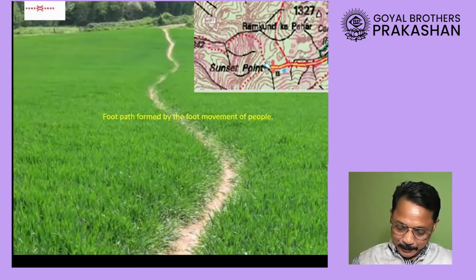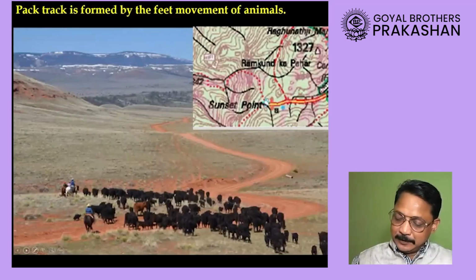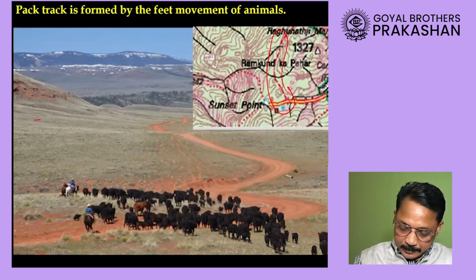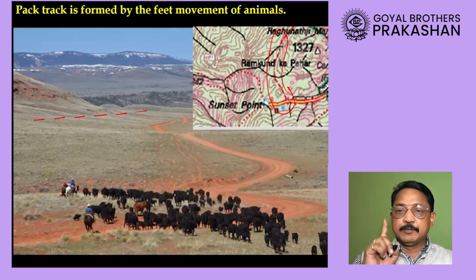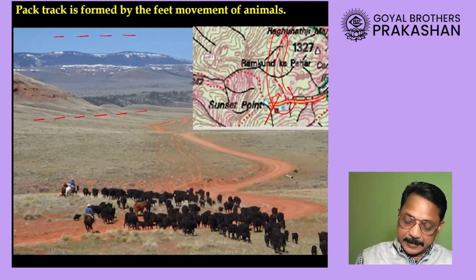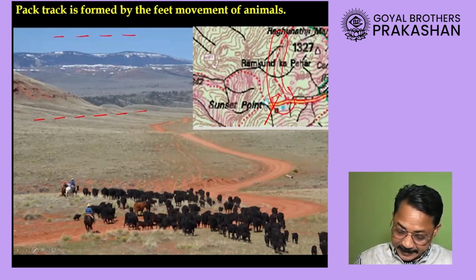Okay, now another symbol. See this very carefully, students. Now this symbol is shown here, a red color broken line. Please remember, it's only one line, red color, and it is broken. A broken red line, as it is seen here in this map, indicates a pack track.